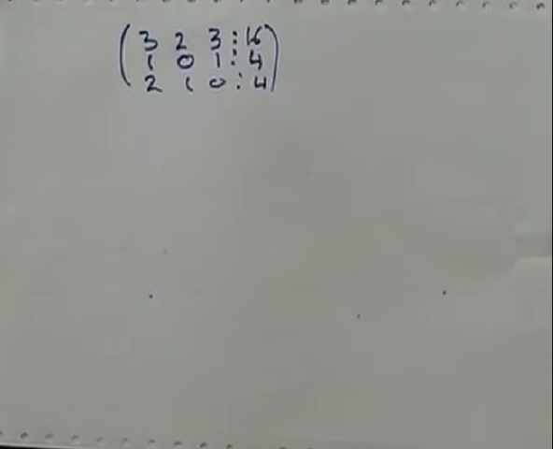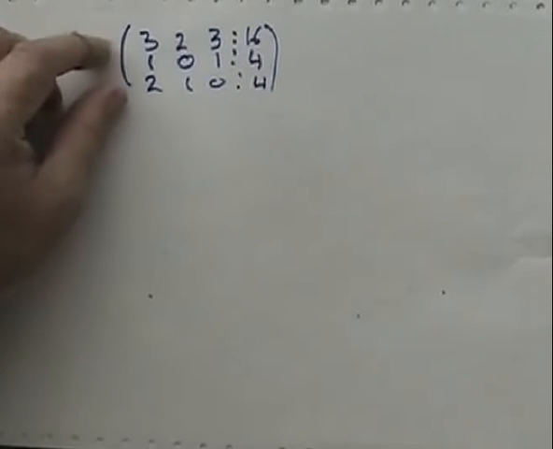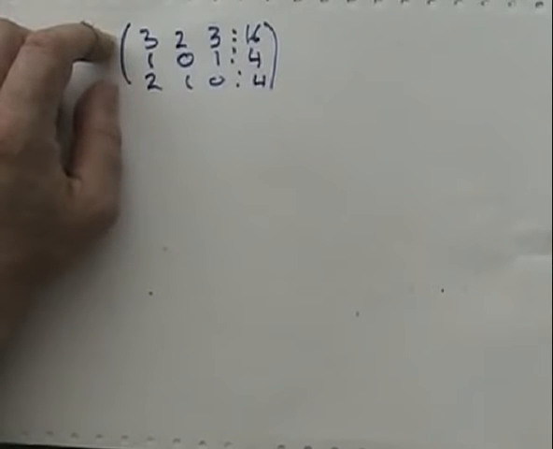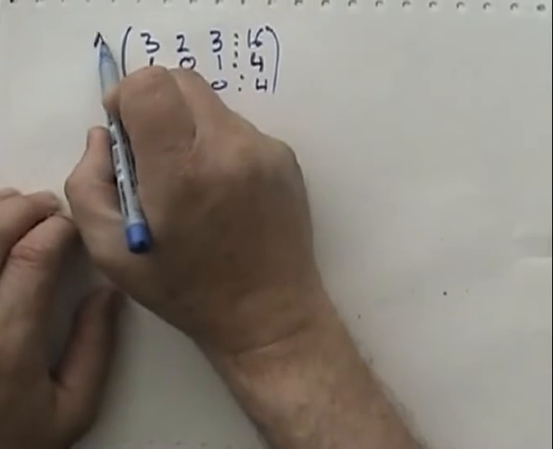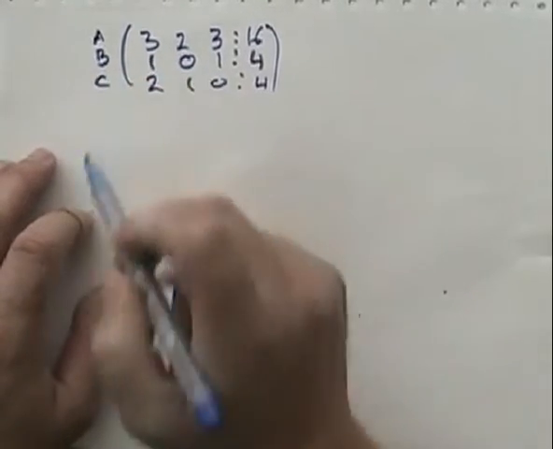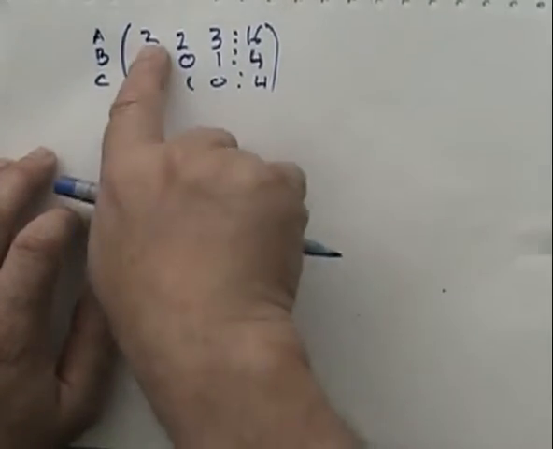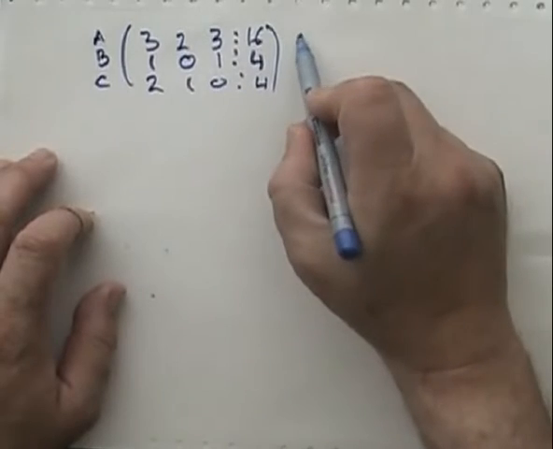Looking at this, I'm going to do some swaps. Remember, I'm going to call the rows A, B, C. The first thing I'm going to do is I want that 1 up the top. So I'm just going to swap A for B.